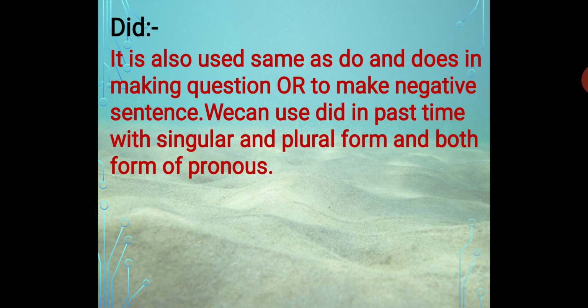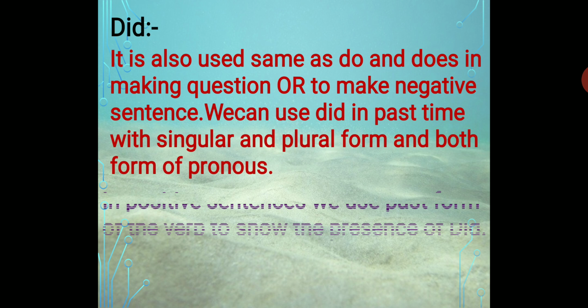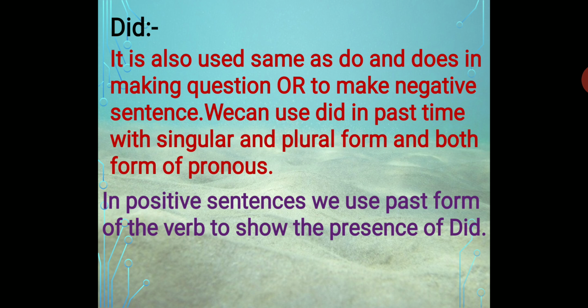The only difference between do, does and did is that do and does are used for the present time and we use did for the past time, past form, and did is used for singular, plural nouns and pronouns. In positive sentences, we use the past form of the verb to show the presence of did.